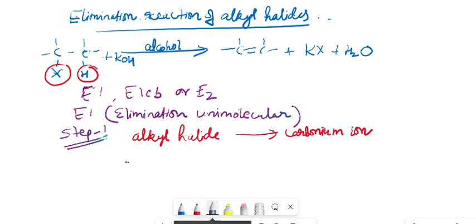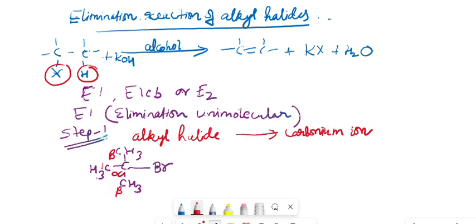And how it happens, let us see. We take the example of one alkyl halide, CH3, in which this is the carbon which is connected directly to halogen, called the alpha carbon, and this carbon is beta carbon, and this is also beta, this is also beta, and this bromine is said to be the leaving group.